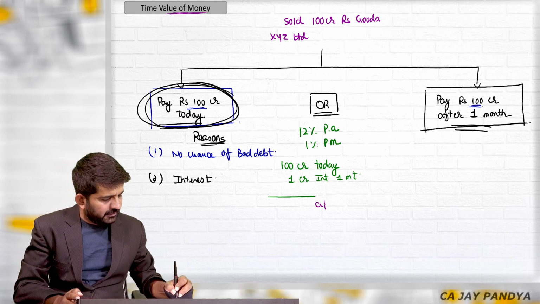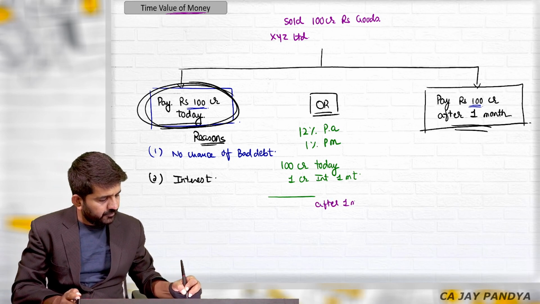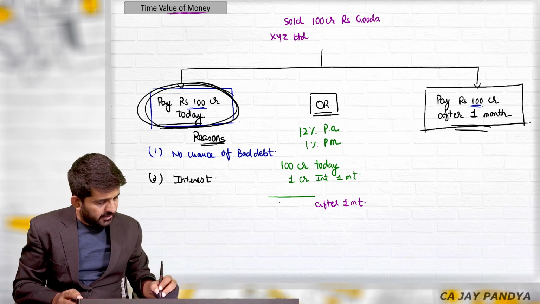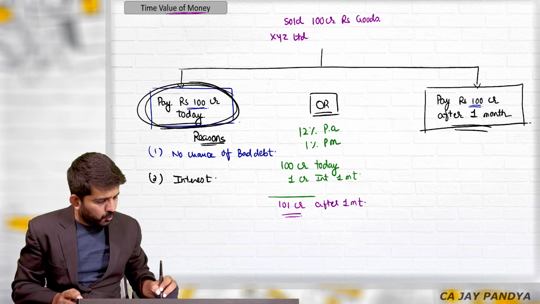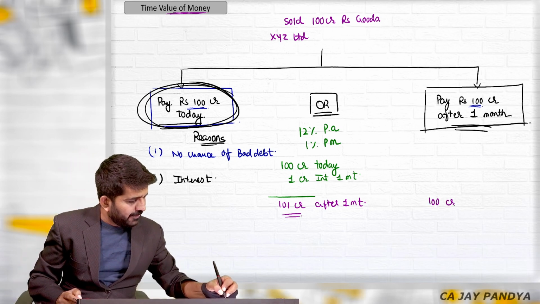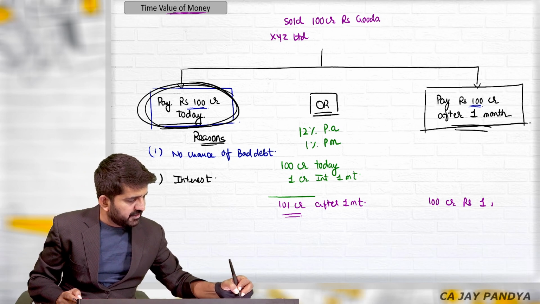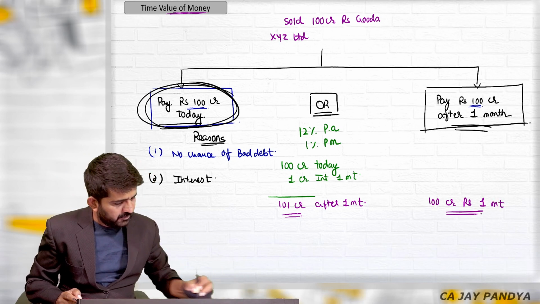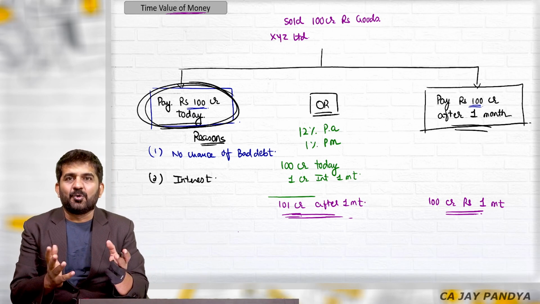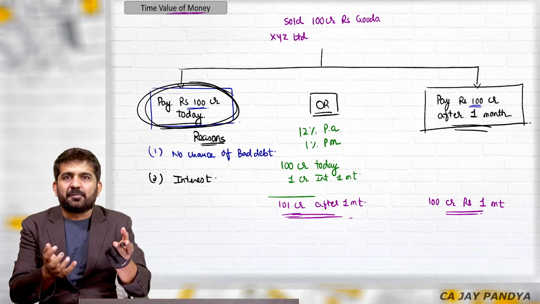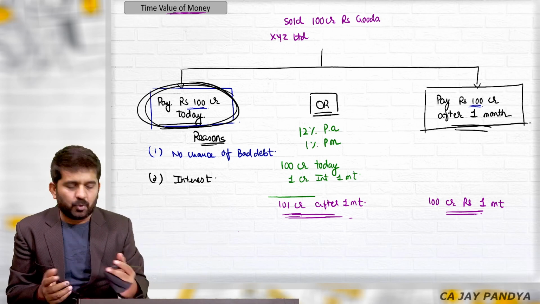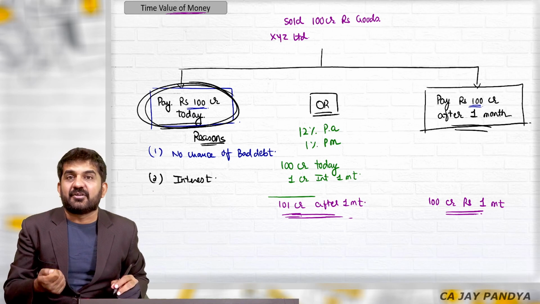After 1 month, you will be having in your hands a sum of 101 crore rupees, which is better than 100 crore rupees after 1 month. If you are told that you will be getting 101 crore rupees or 100 crore rupees, you will always select 101 crore rupees. So the second point is interest.